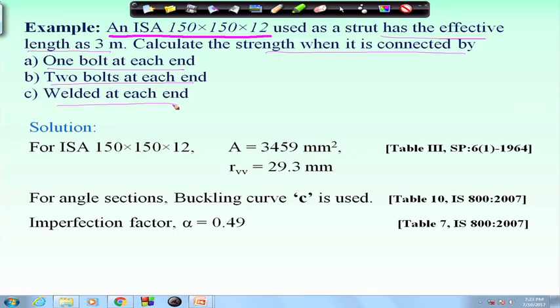For the 3 cases, the 3 types of fixity will come and the number of bolts: if it is 1 bolt then the condition will be different, if it is 2 bolts the condition will be different. So, through this example we will try to understand how to calculate the design strength of the compressive member of an angle section when it is eccentrically loaded through one leg.